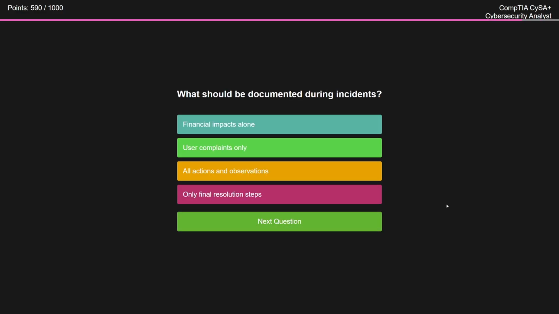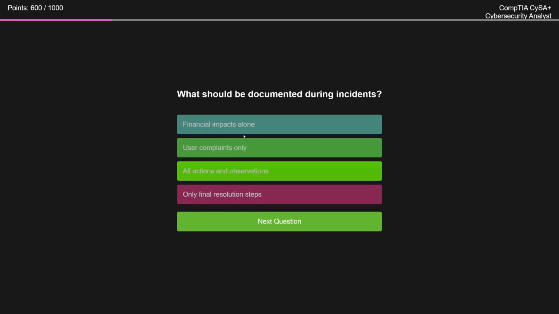What should be documented during incidents? Financial impacts alone, user complaints only, all actions and observations, or only final resolution steps? So that would be all actions and observations, I would say, because you want your documentation to be complete.